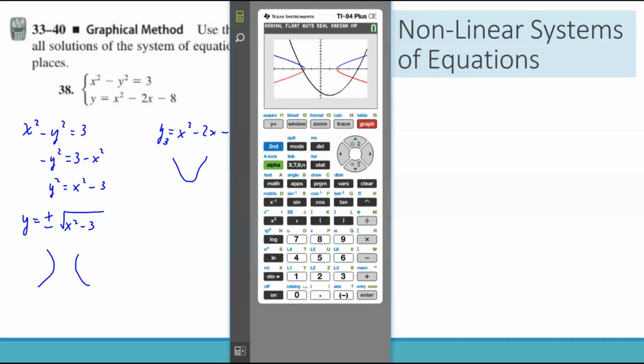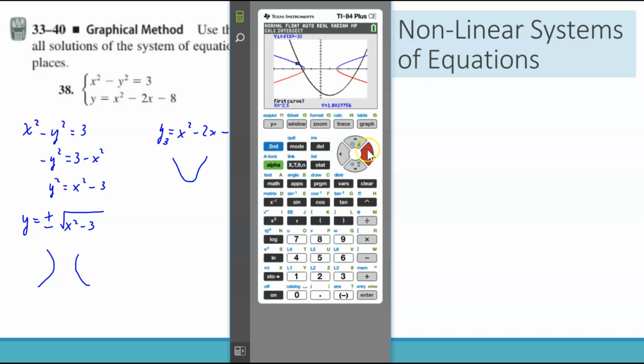Here again is where we want to really pay attention to what equation we're on. We're going to say second, calculate, intersect. First curve. If we look at, where's our cursor? There it is. We're looking for that intersection point.